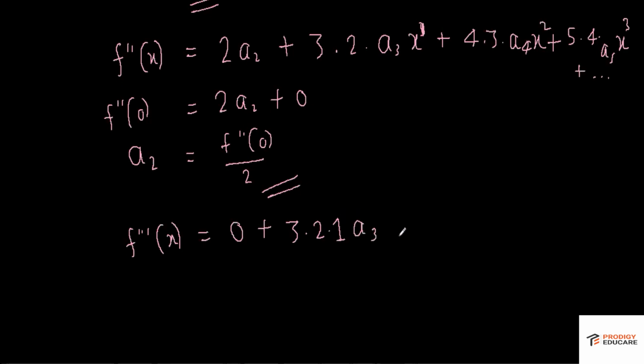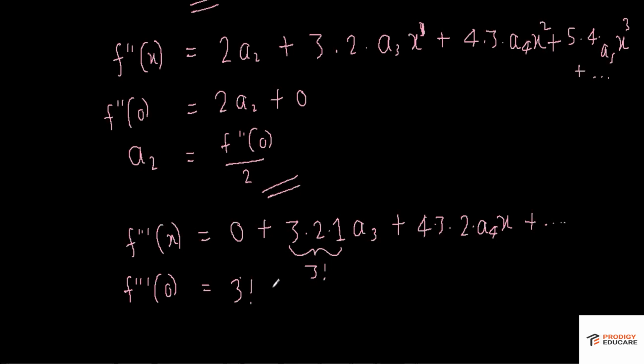Then we have a3 plus this function differentiating will get 4 times 3 times 2 times a4, then I have x plus so on. Now I'll substitute x as 0 in this. So I'll get f triple dash of 0 as, in this case, this term will remain. So I can simply write this as 3 factorial. So you might guess a pattern in this.